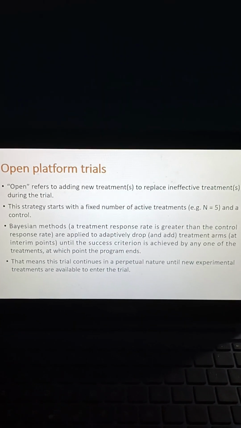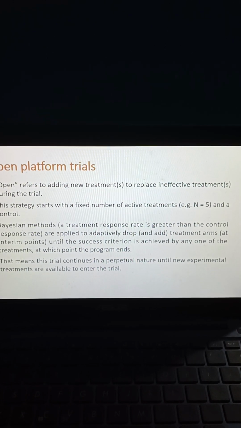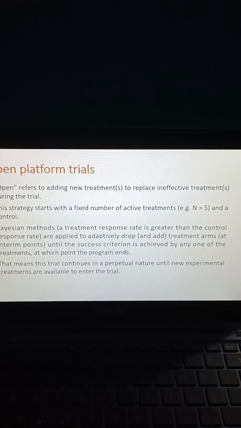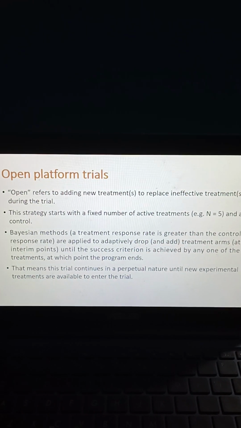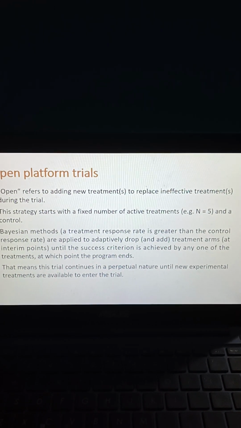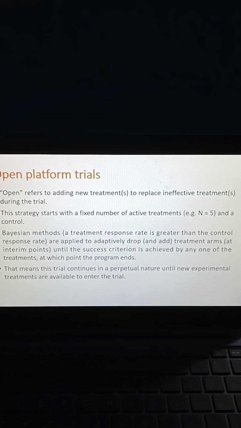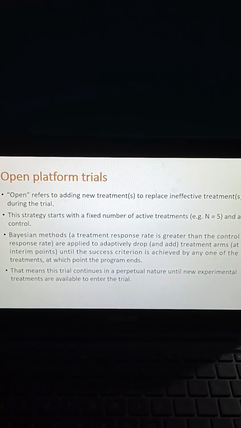Coming to open platform trials, open refers to adding new treatments to replace ineffective treatments during the trial. This strategy starts with a fixed number of active treatments, N is equal to 5, and a control.